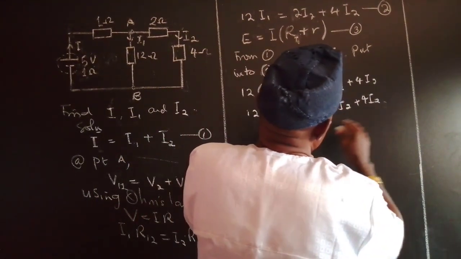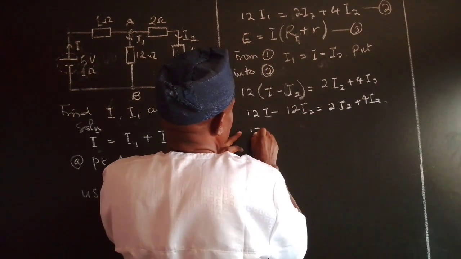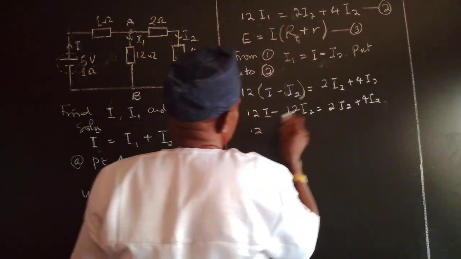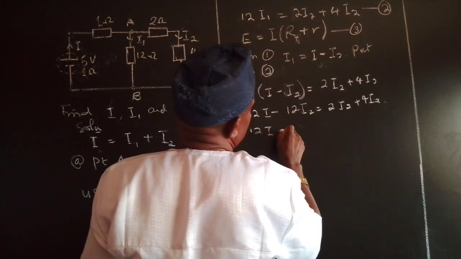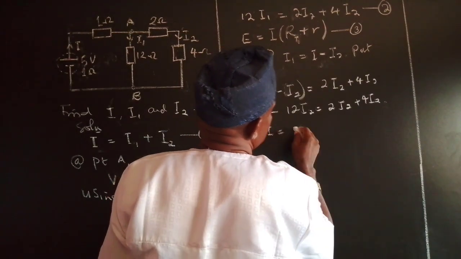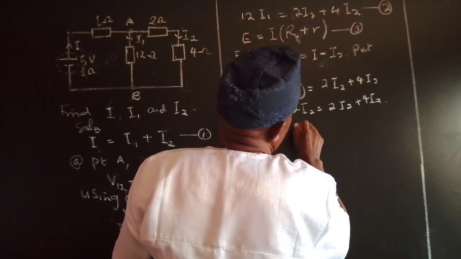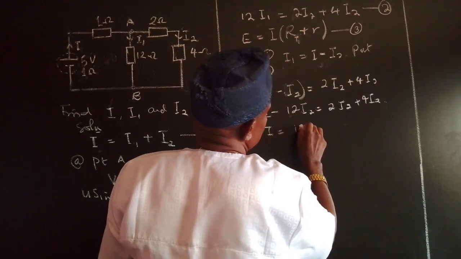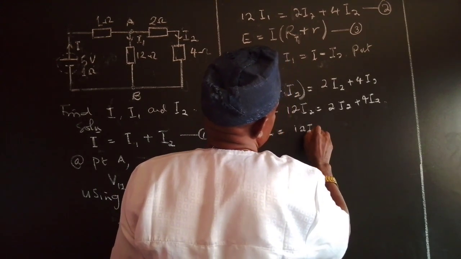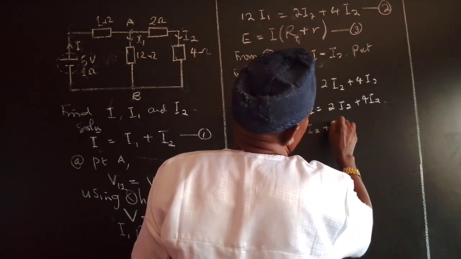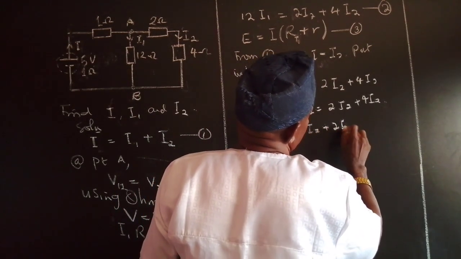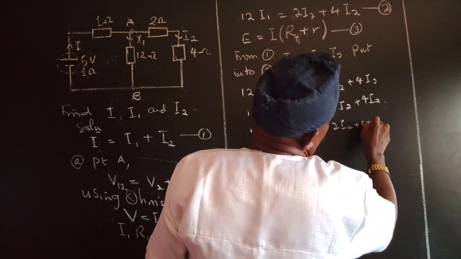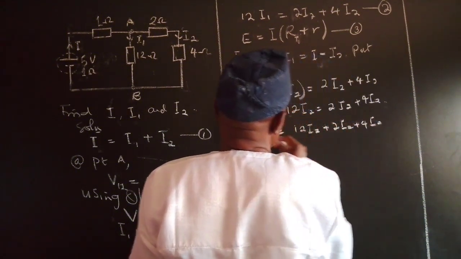All the terms with I2, we try to bring together. So we are going to have 12I equals, taking this one to the other side, 12 times I2 plus 2 times I2 plus 4 times I2.